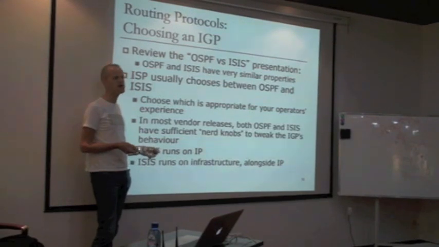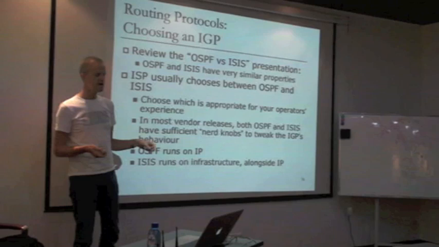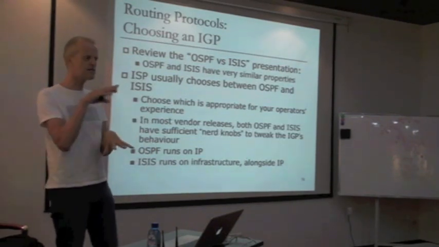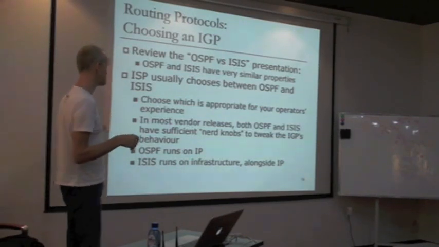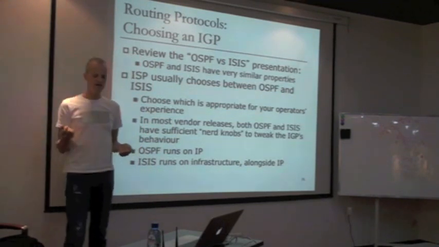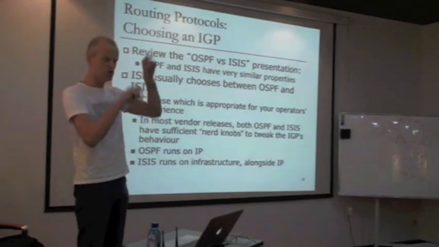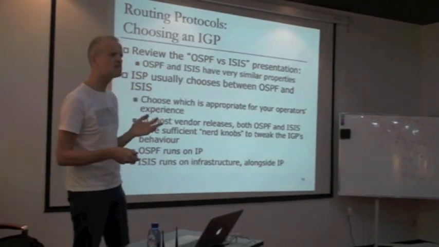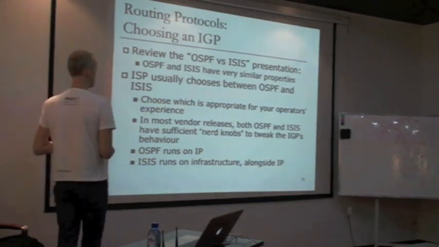OSPF runs on top of IP, so you can attack OSPF using IP. And the other thing with IPv6, you need to run two separate OSPFs, one for IPv4 and the other for IPv6. Whereas with ISIS, you just run one protocol, two topologies. So ISIS is a lot more sensible, for me anyway, than using OSPF.